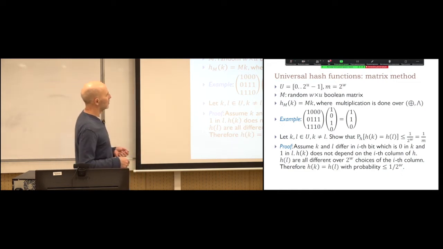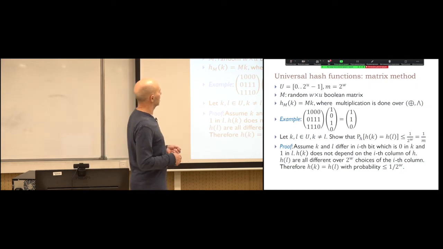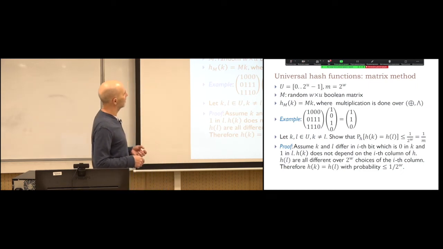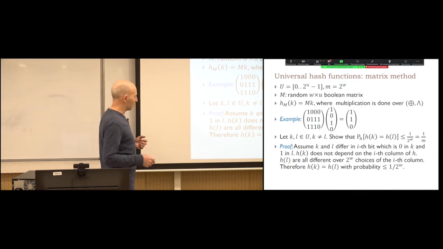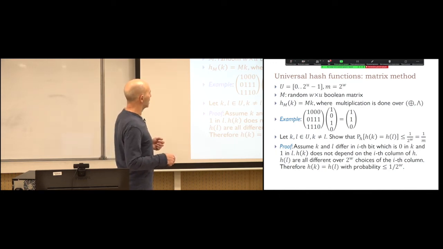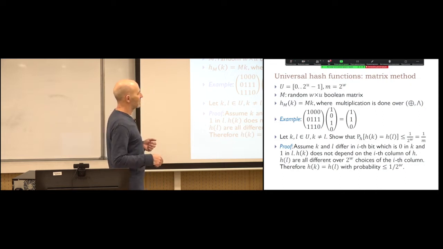And now I claim that this is a universal family. It means that if I pick two distinct keys, k and l, then the probability that they collide will be no more than 1 over 2 to the w, so 1 over m. So how do you prove this? Since k and l are distinct, there is at least one bit where they differ.